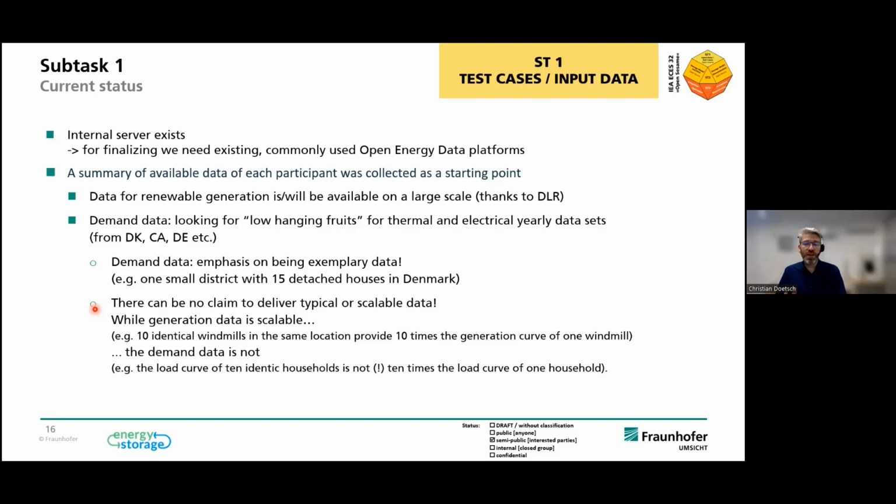So we have to say we give examples, but you could scale it up a little bit if you have a region with 100 houses. Then you can scale up more or less for 200 houses or 300 houses. But it's not possible from 1 or 2 or 3 to go to a bigger amount of houses. So I hope this was clear. We have learned this problem while working on this subtask 1.